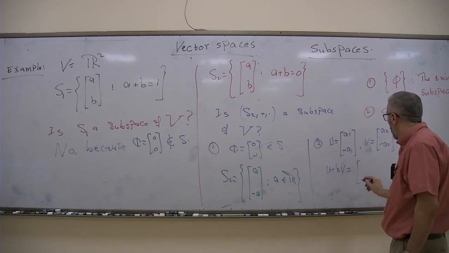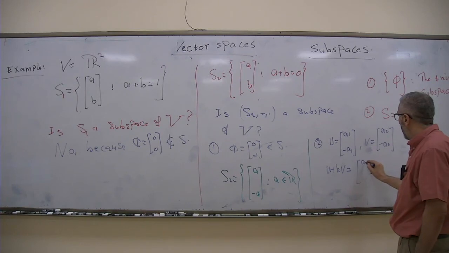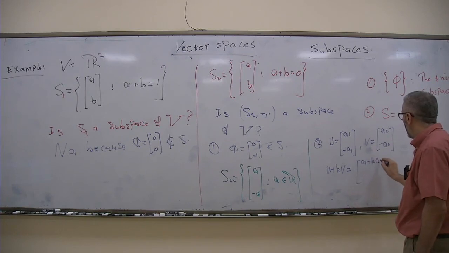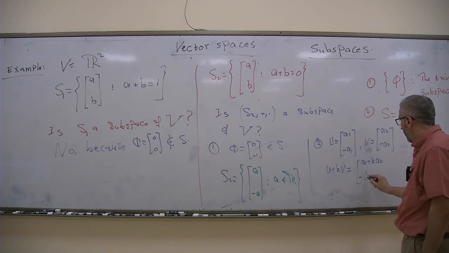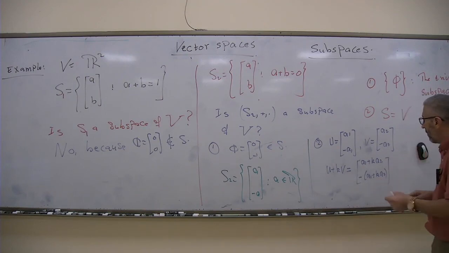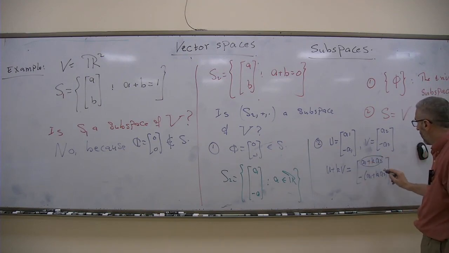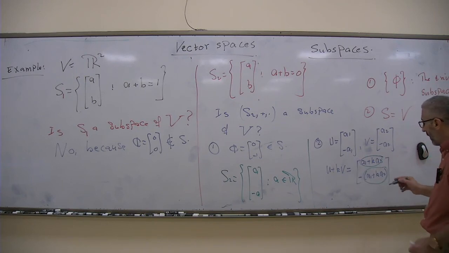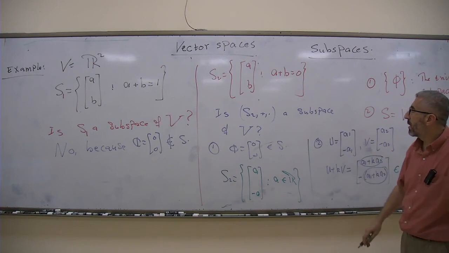That is going to be (a1 plus k a2, negative a1 plus negative k a2). Yes, it is of the same type: the first entry and the negative of it. So this belongs to S. So yes, it is a subspace.